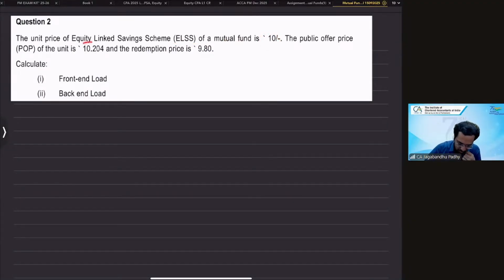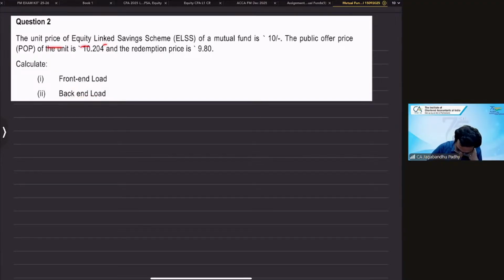So each unit is priced at rupees 10. The public offer price of the unit is 10.204 and the redemption price is 9.8. Calculate the front end load and back end load.